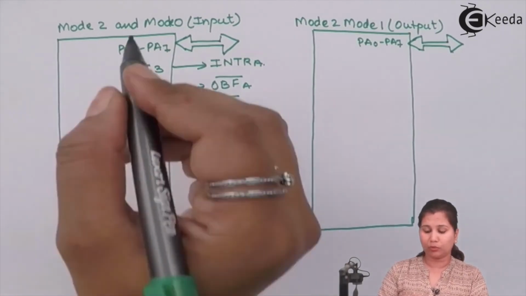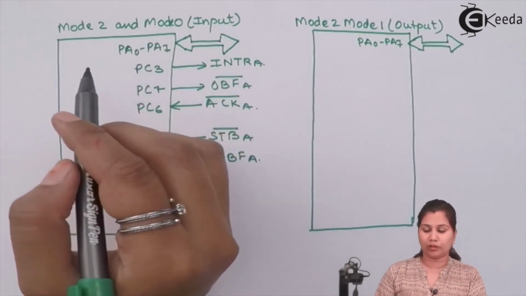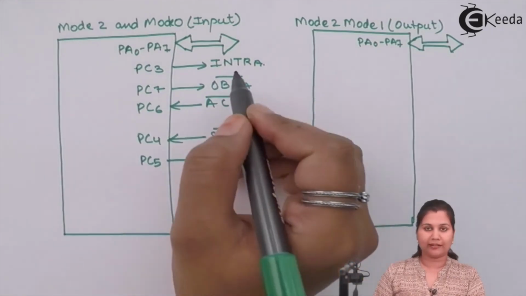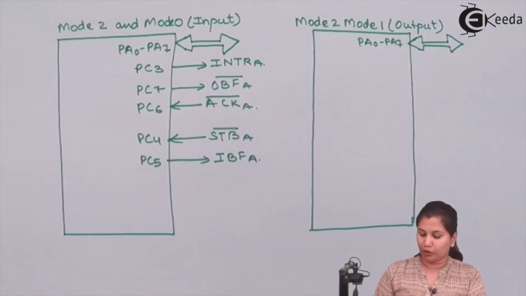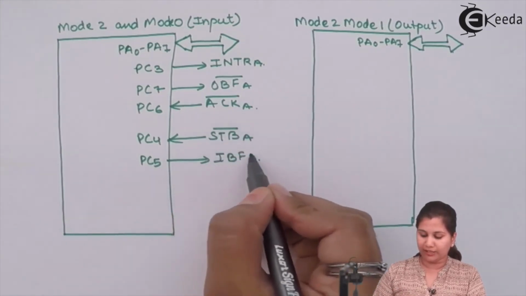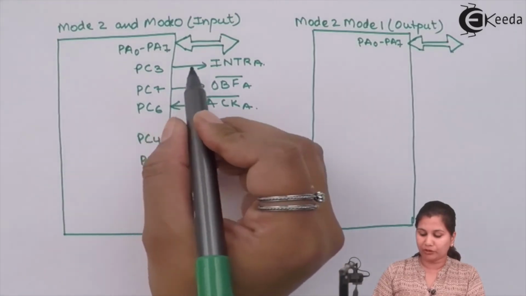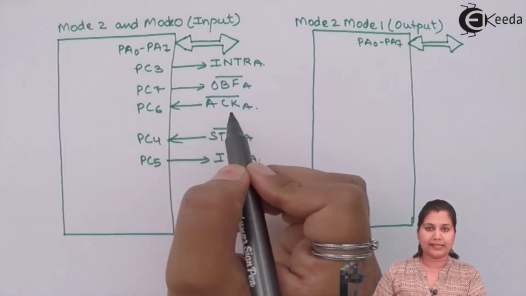Now, as this port A can act as a bidirectional port, it can act in both input and output mode. So the control signals or handshake signals are for both input and output. For input, we have the handshake signals strobe and input buffer full, and for output, we have the handshake signals INTR, OBF and ACK.